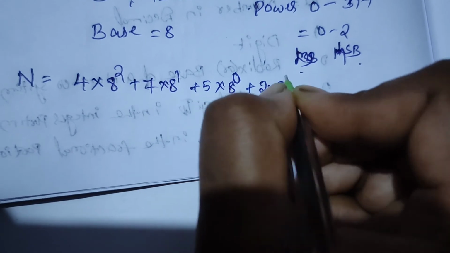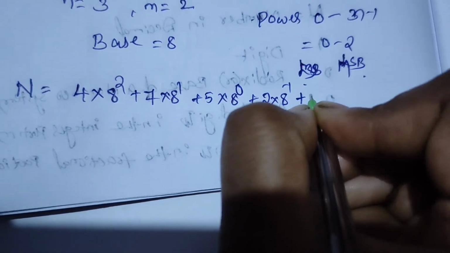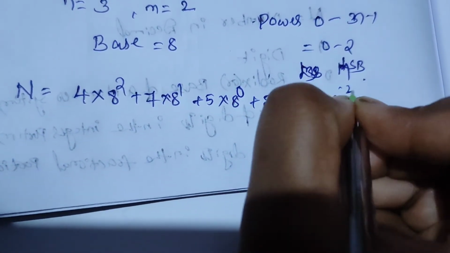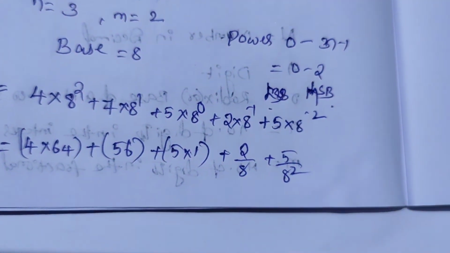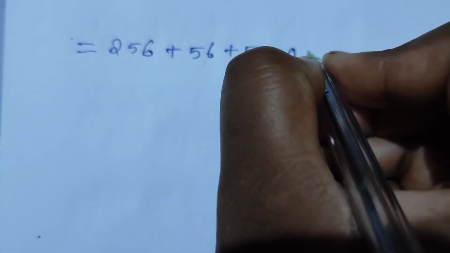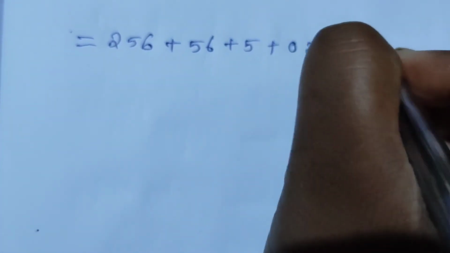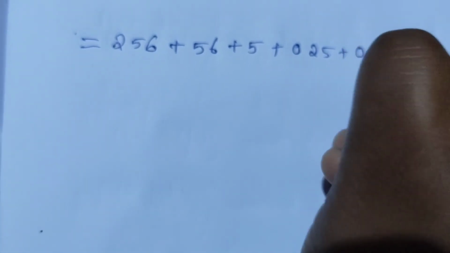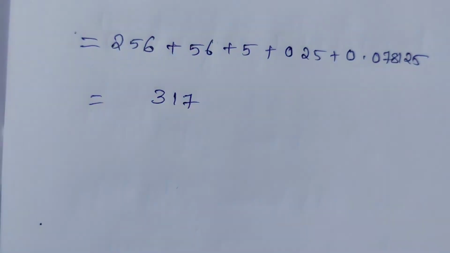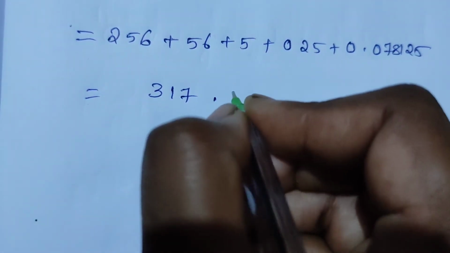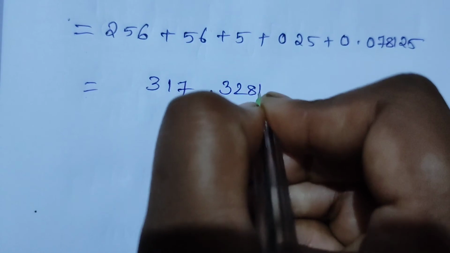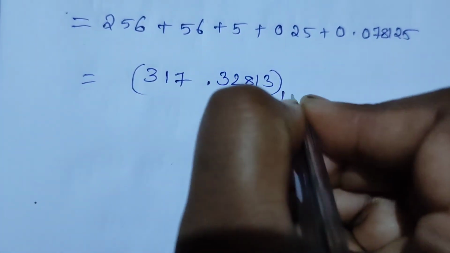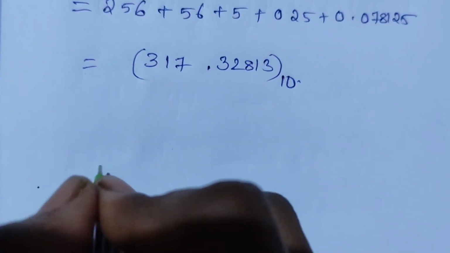Now the fraction part, 2 into 8 power minus 1 plus 5 into 8 power minus 2. On expanding and adding all this, we get the decimal equivalent. So adding up all these values, we get 317.32813.